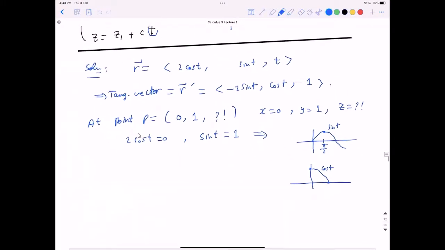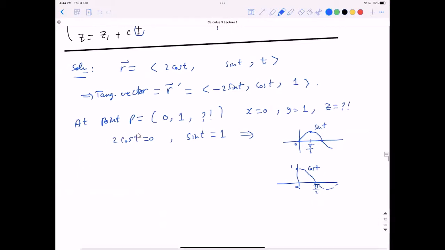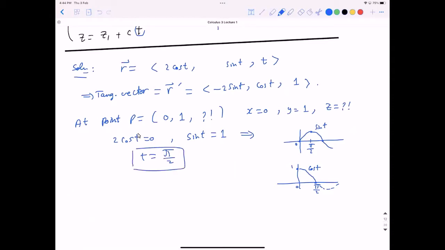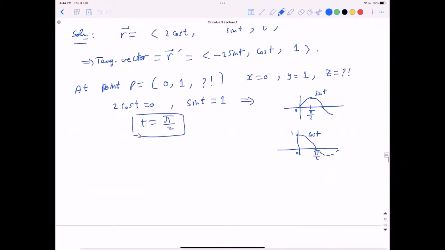So this happens at pi over 2. This means t equals pi over 2. So we decided what is the required time. And this gives us z. z equals t, which is pi over 2. Therefore, the point P is 0, 1, pi over 2.